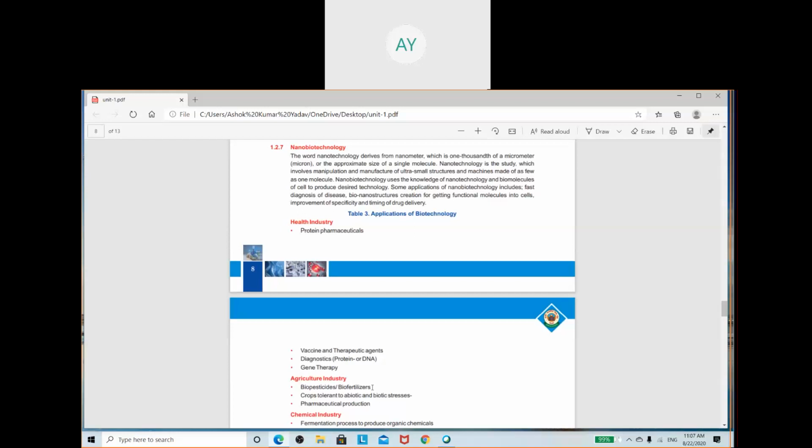Just improve the strain of that bacteria. Strain means variety of bacteria. It can be used for increasing the efficiency of nitrogen fixation in the field, to make nitrogen available for the plants.